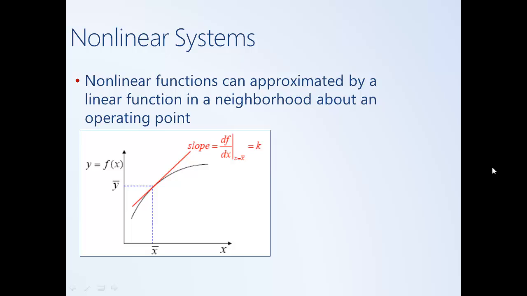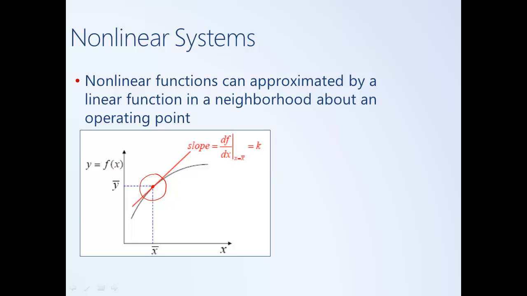Here we have a black line representing our nonlinear function, and we've drawn a tangent at the point x bar, y bar. If you zoomed in on that point where it's tangent, the straight line will match up very closely to the curved line.